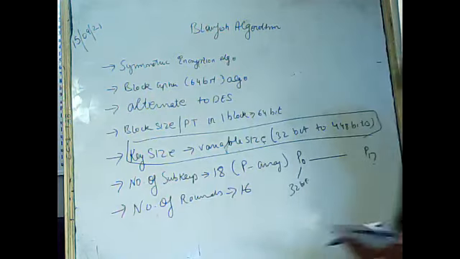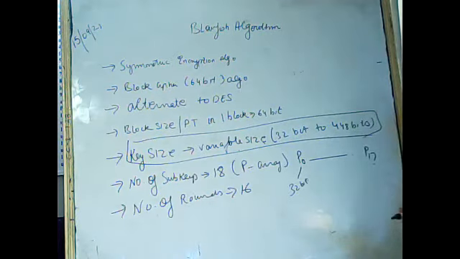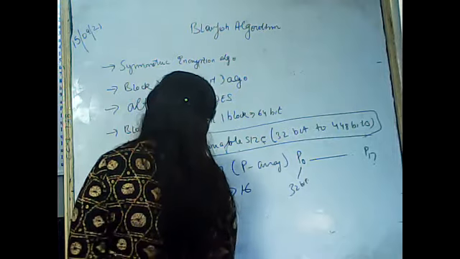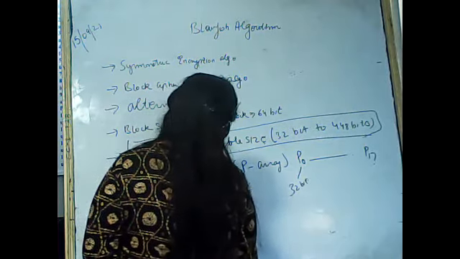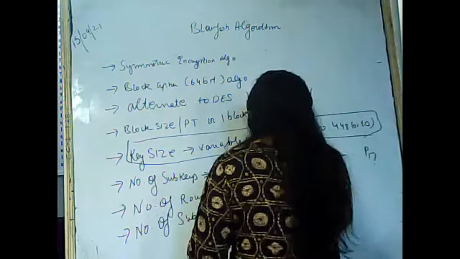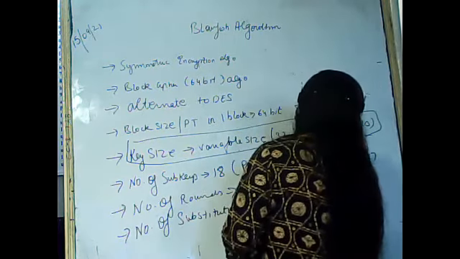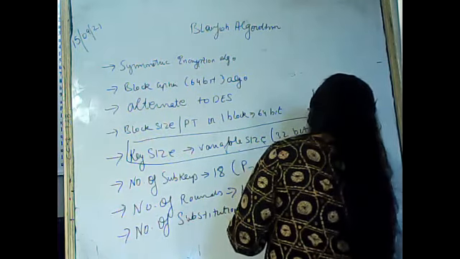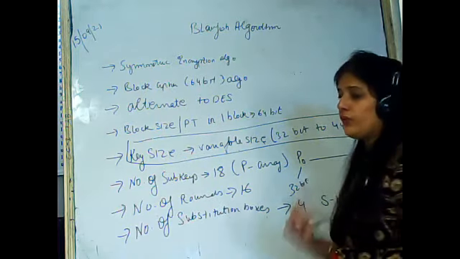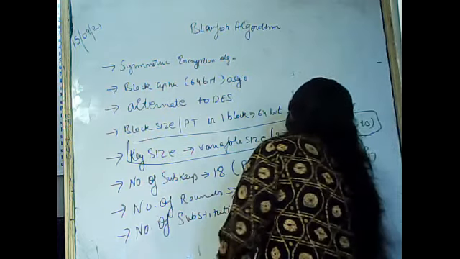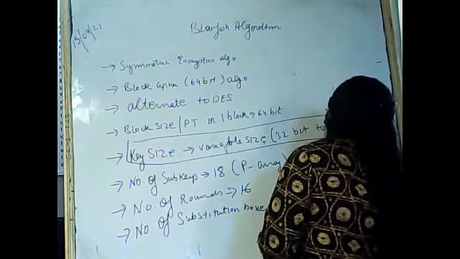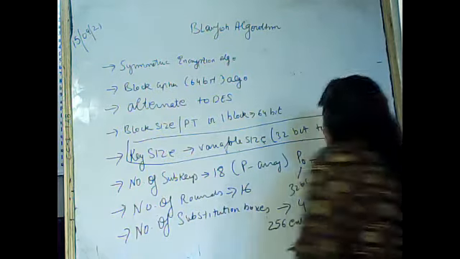The number of substitution boxes is 4; we will be using 4 S-boxes. These 4 substitution boxes will each have 256 entries, and each entry is 32 bits.